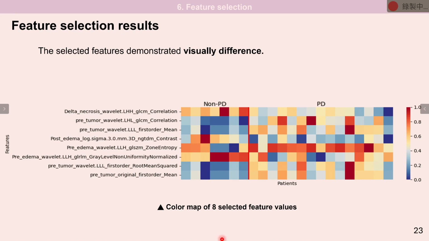Because you can see the left columns are the non-PD class and the right is PD, and we can visually separate them. We can visually see the difference in this color map, right? Can you see?